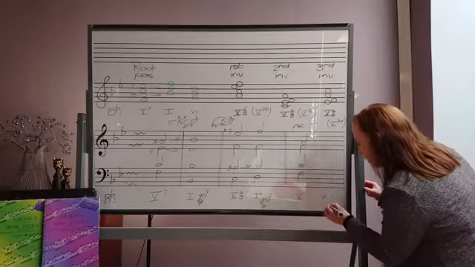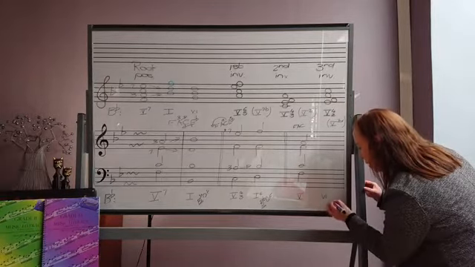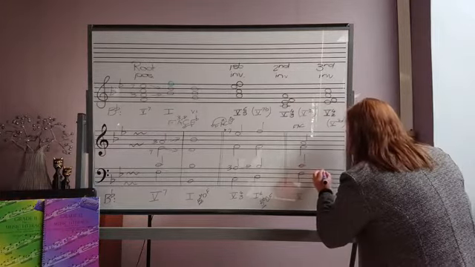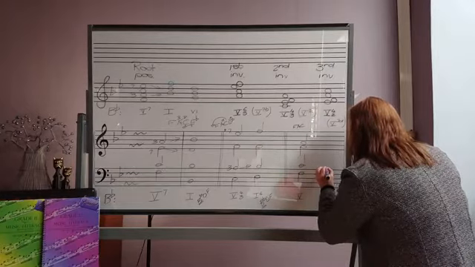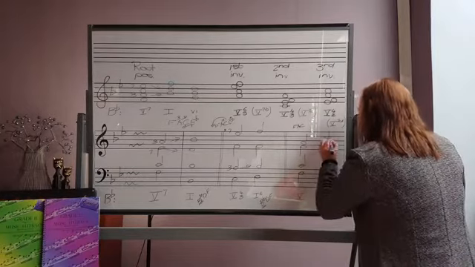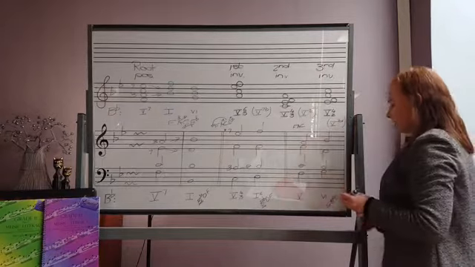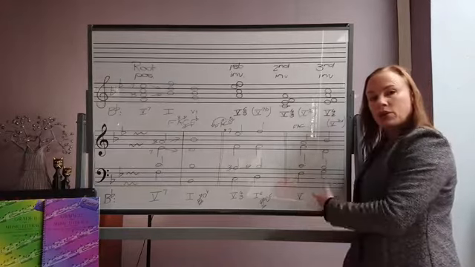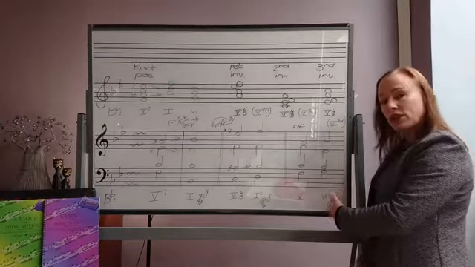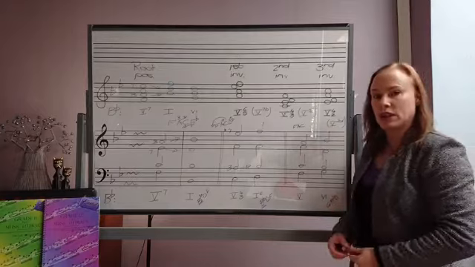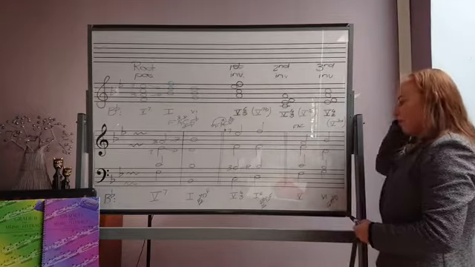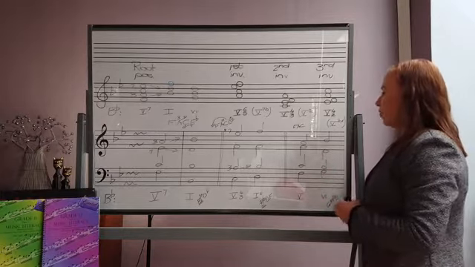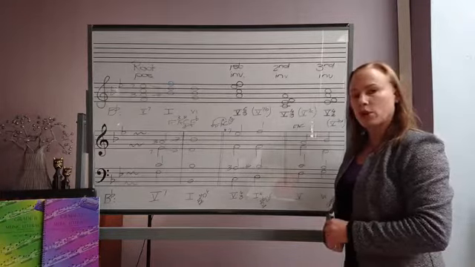So I have here G, B flat, D. Just remember, whenever you have chord 6 that's preceded by chord 5, it's got a very strong tonic function, and therefore you are going to double the third of chord 6, which is exactly what I did there.